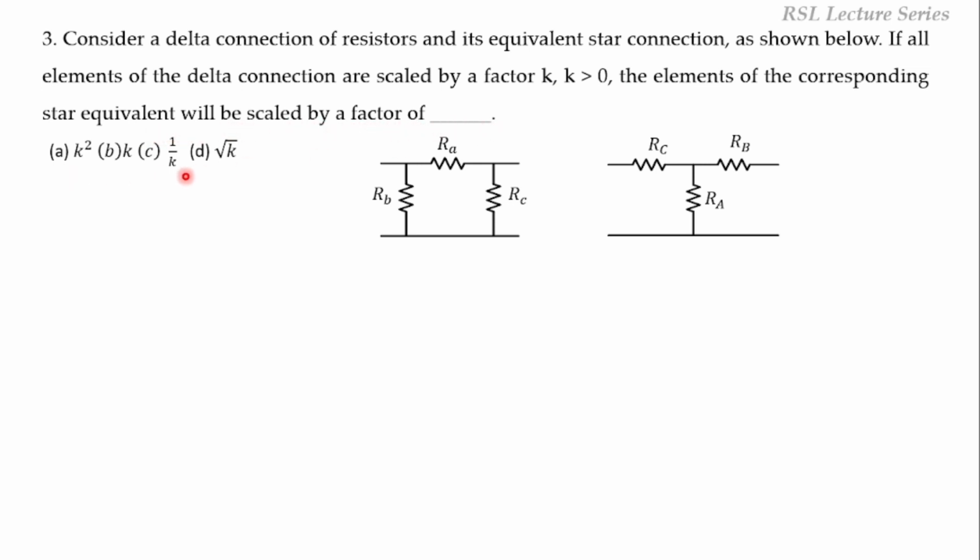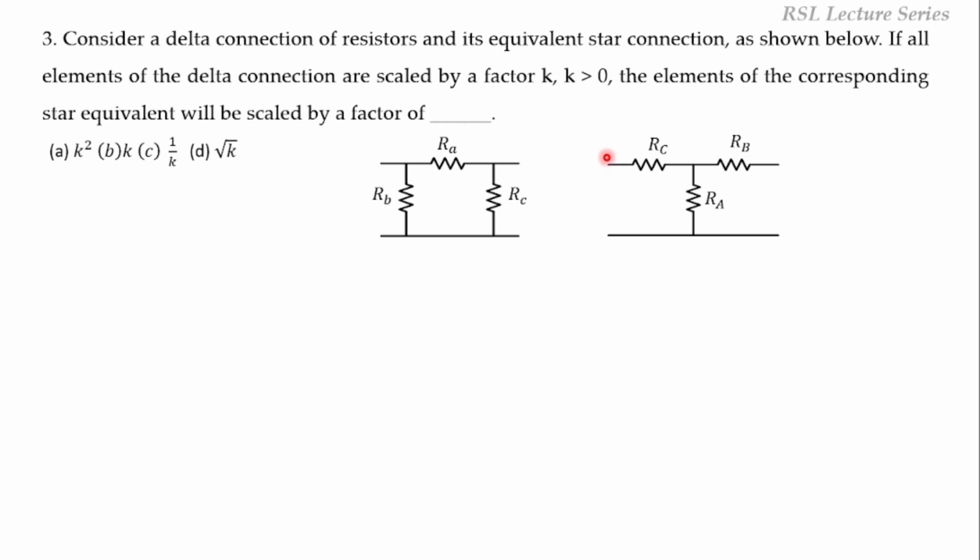These are the options given. Here this is the delta equivalent. It is given that if the delta connected resistors are scaled by a factor of k, scaled means multiplied by a factor of k, then the elements of the star equivalent will be scaled by a factor of dash.